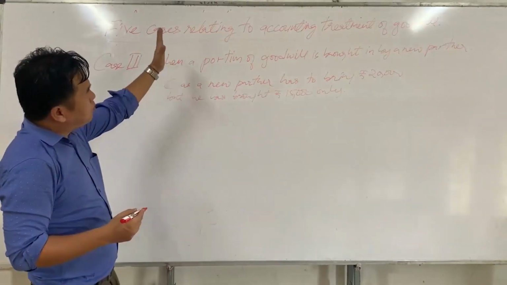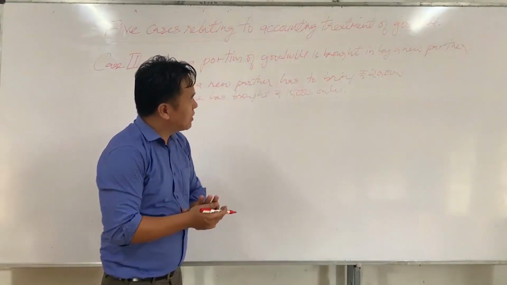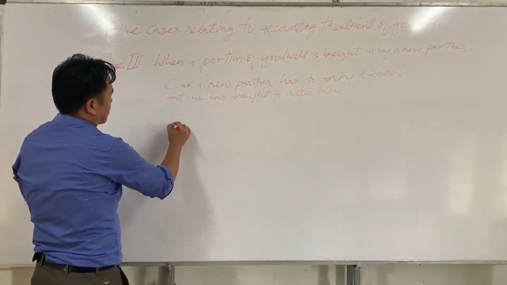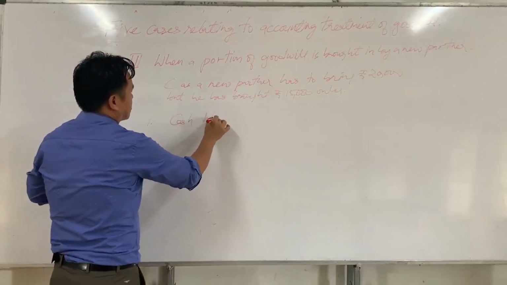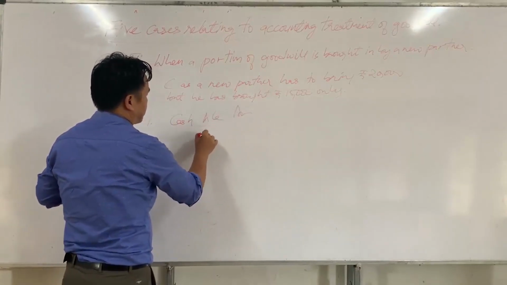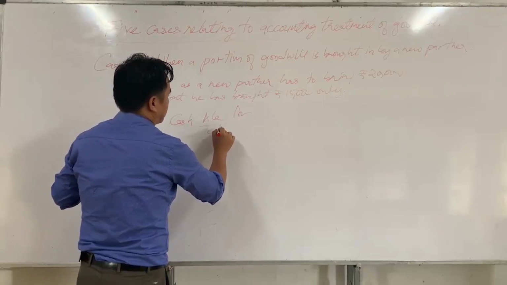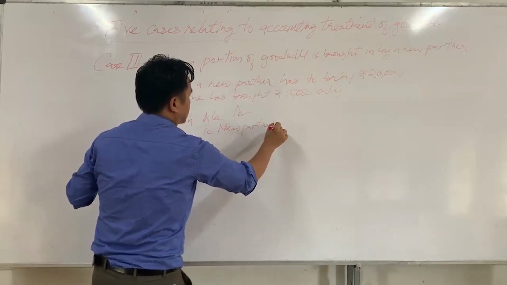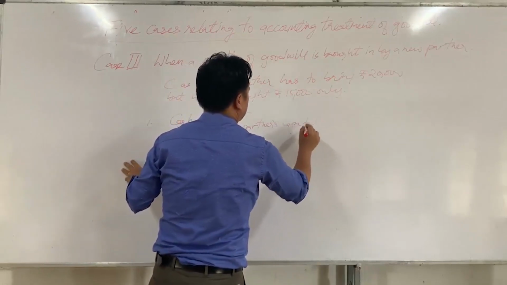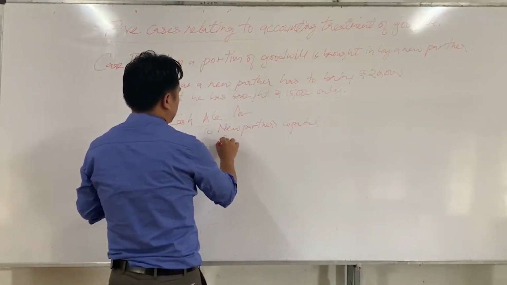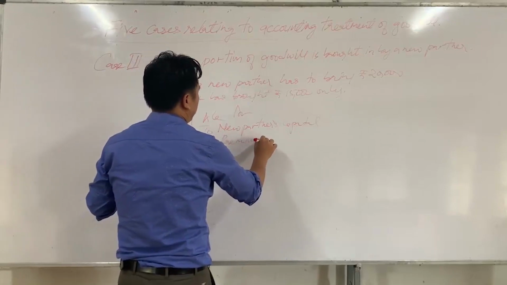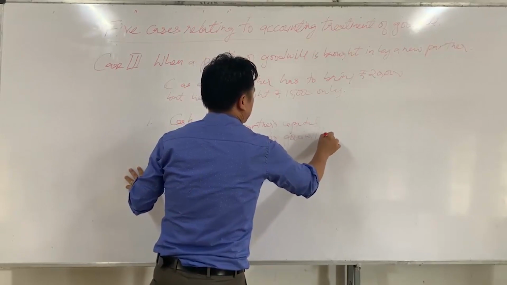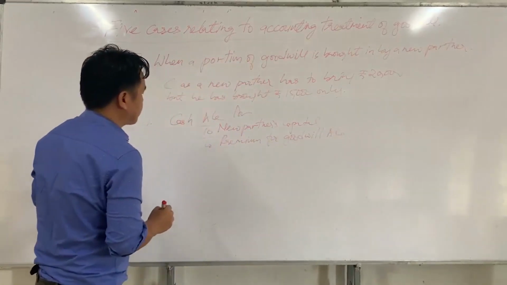Okay, if a portion of goodwill is brought in by a new partner, then the journal entry will be: cash account debit, and there again we have to pass the same entry, to new partner's capital account, to premium for goodwill account.